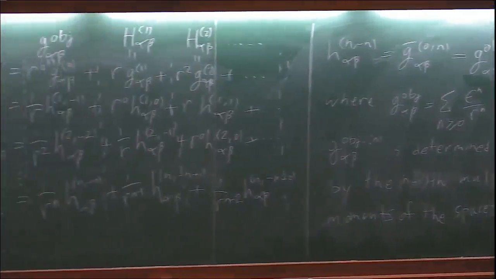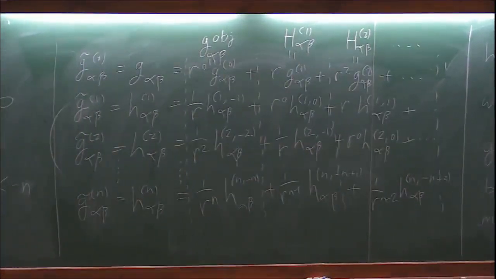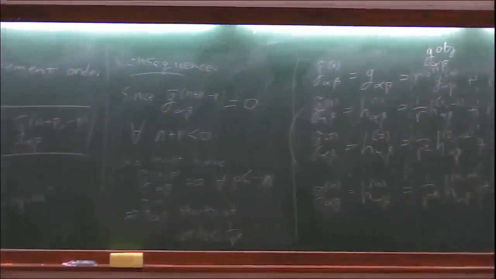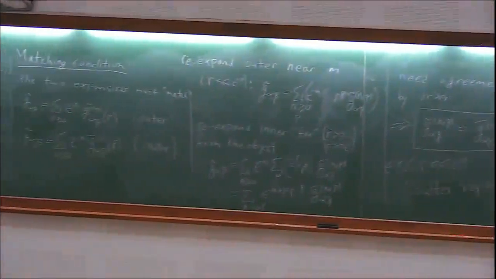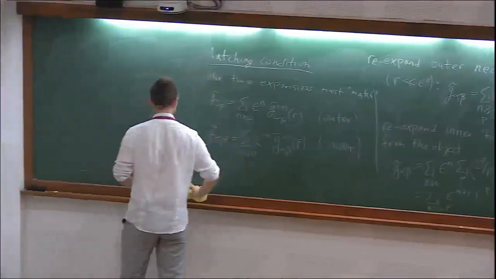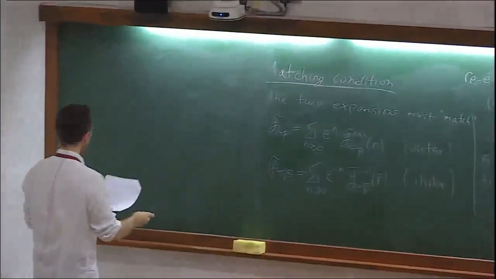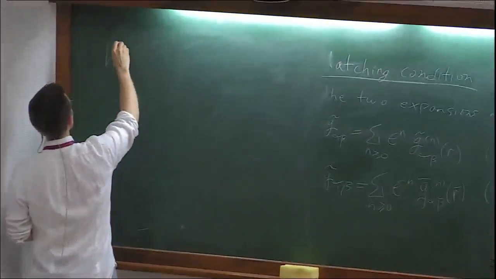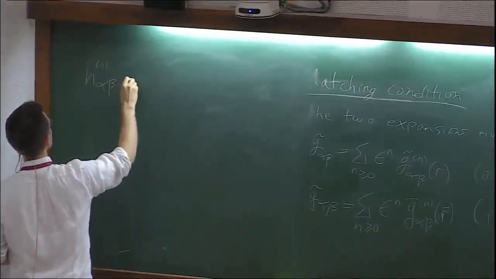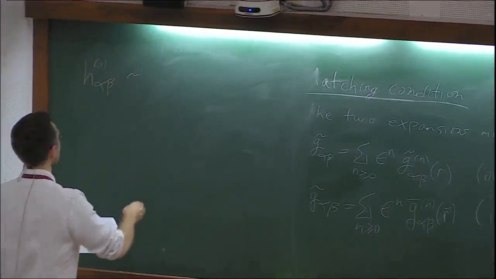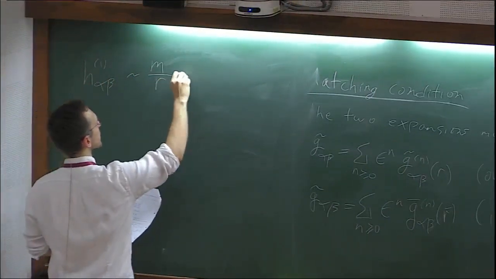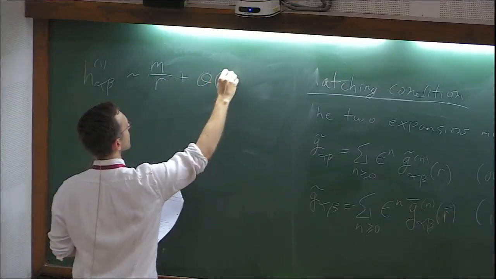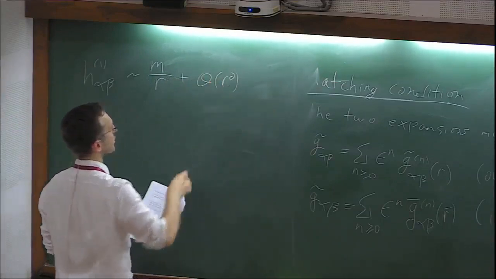Because remember, we're really only interested in going to second order, even though here I'm describing something that works to any order. So now h1 is going to be m over r plus order r to the 0 and higher order in r.